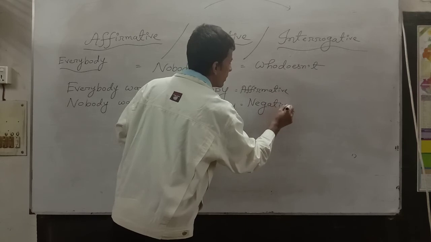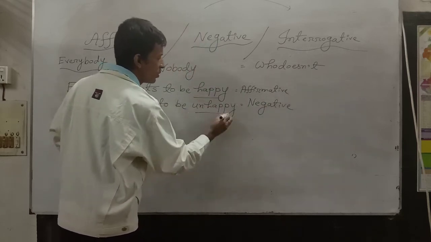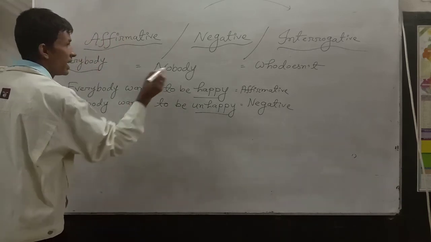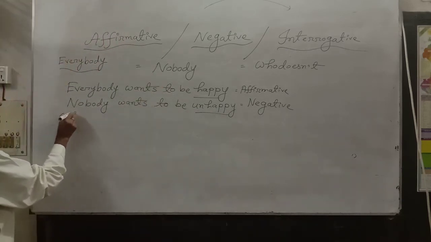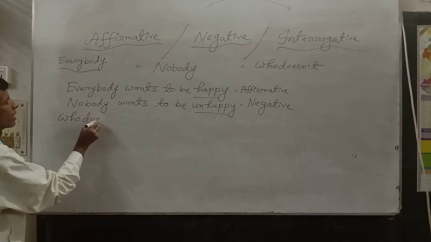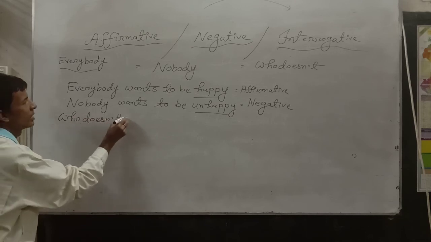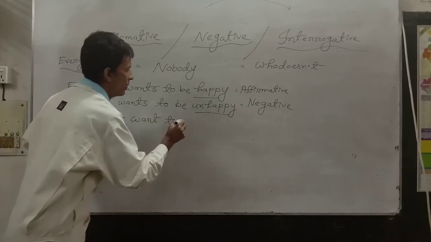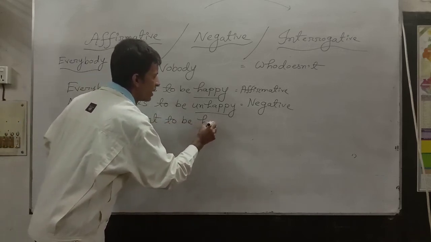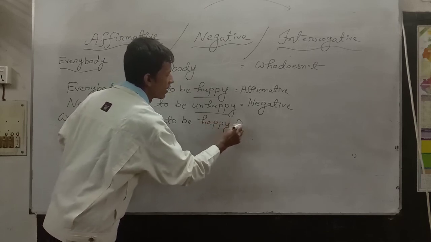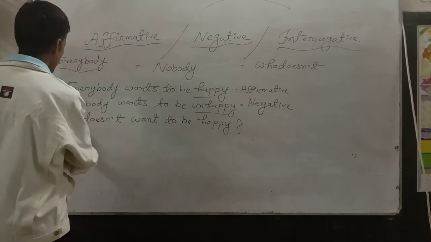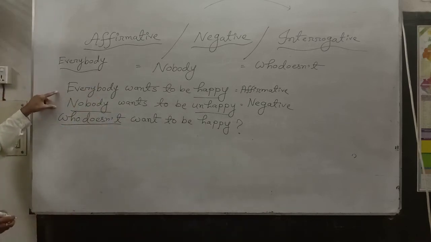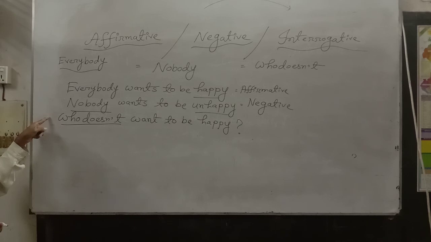Such kind of antonym will have to be written at the end of your answer. And at the last part: Who doesn't want to be happy? Here is the differentiating subject matter between these three types of sentences.